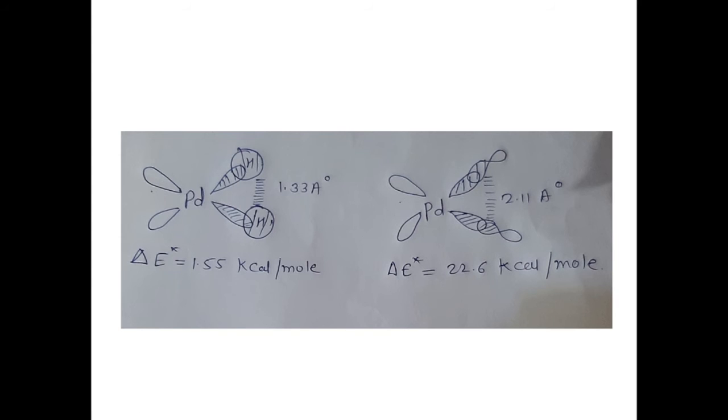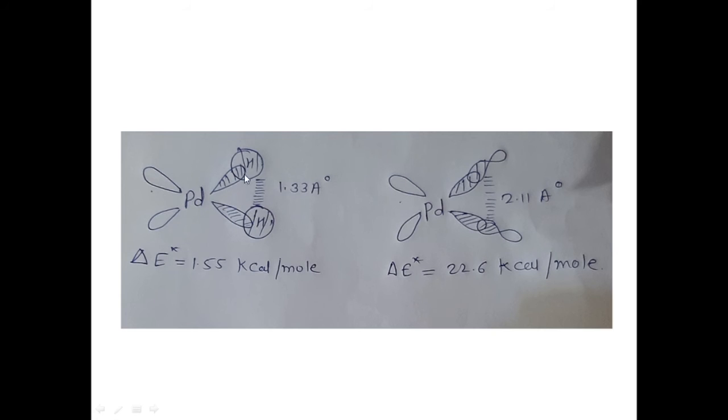See here, this s orbital overlaps with the p orbital of the central metal palladium. You can see the distance between the lobes is very small.